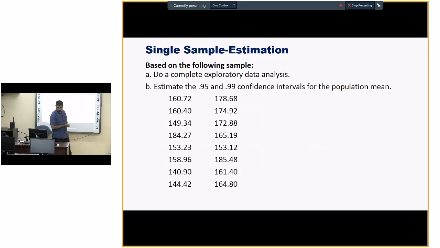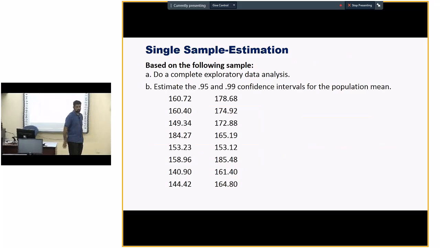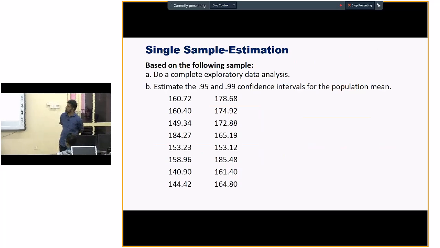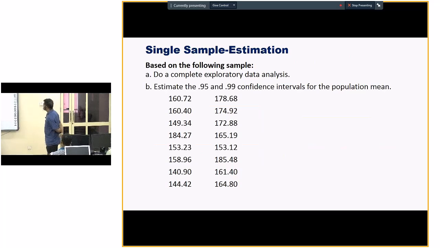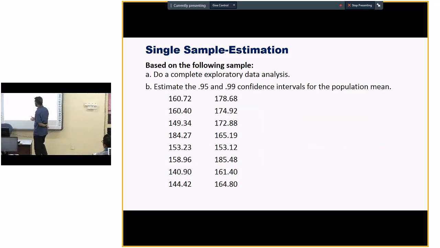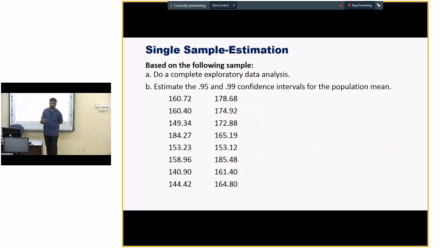Right. Now, this is just an example with a single variable, such as salary or income. At this time, you may have some idea.